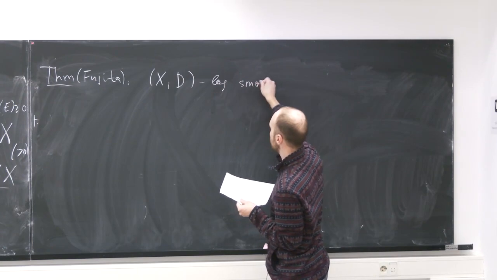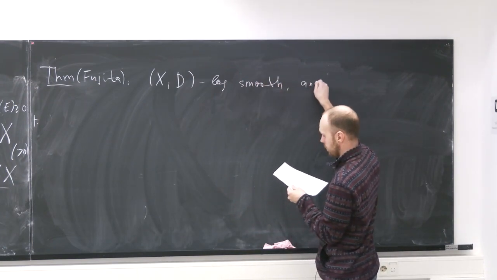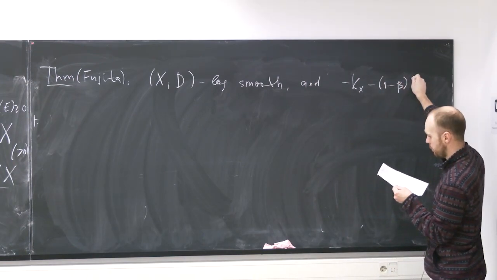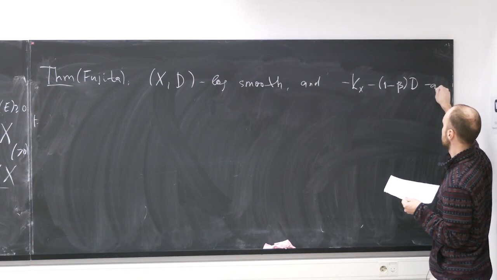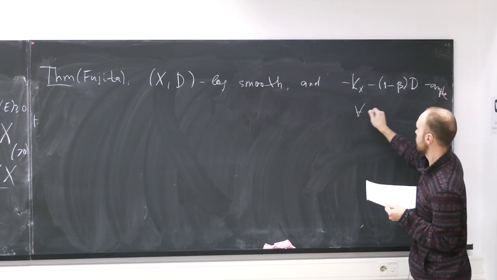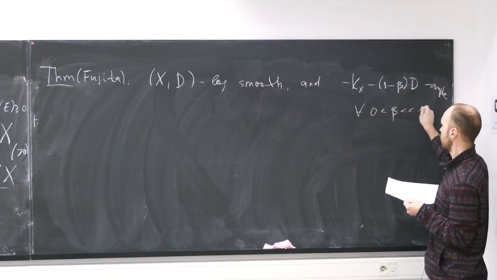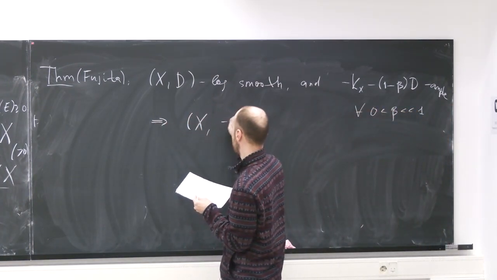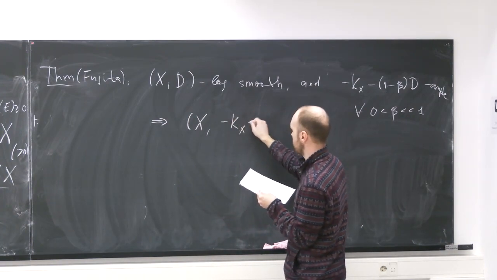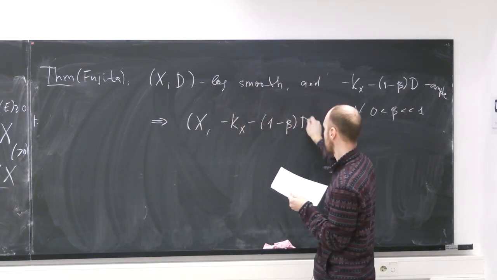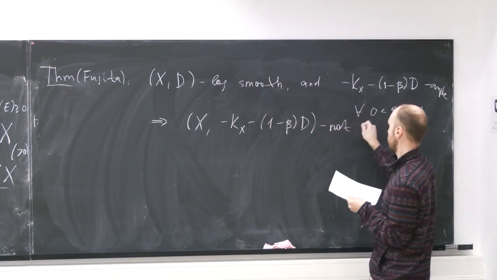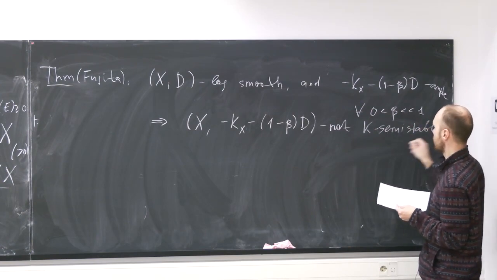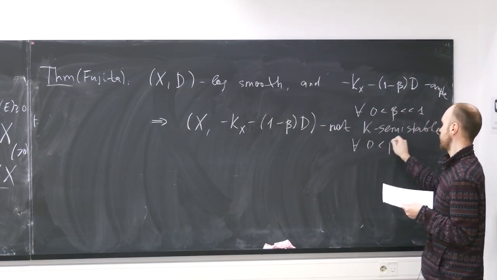If this pair is log smooth and minus K_X minus (1 minus beta) D is ample for all small values of beta, then this pair is not K semistable. Not K semistable. Again, for all small values of beta.